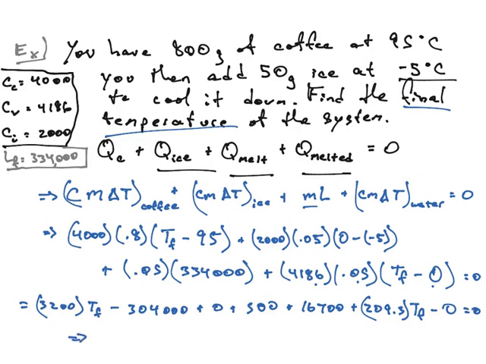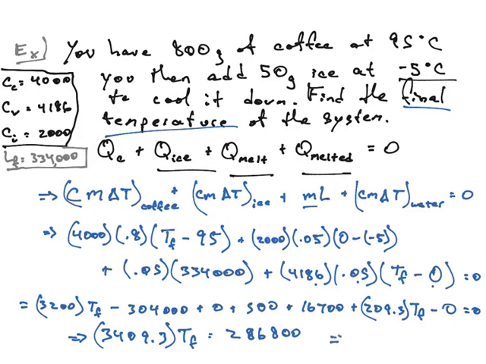So 3,200 plus 209.3 is 3409.3 TF. On the other side, we have 304,000 minus 500 minus 16700 is 286,800.